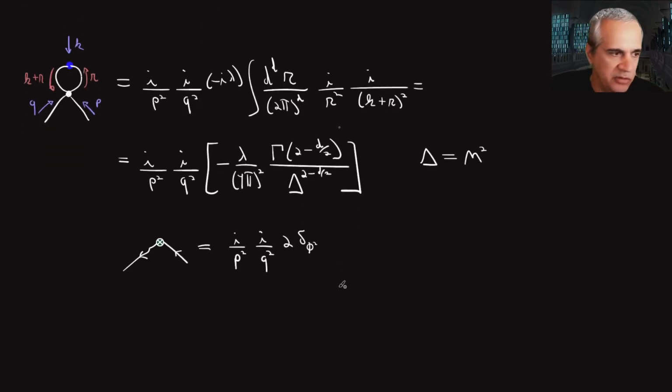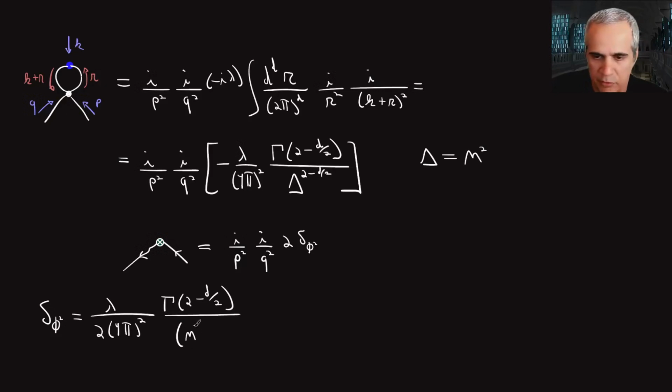And that will tell me that delta phi squared is equal to lambda over 2 times 4 pi squared times this thing, gamma of 2 minus d over 2, m squared to the power 2 minus d over 2.